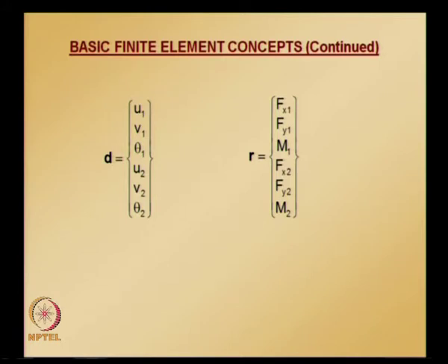Global load vector comprises of axial force at node 1, shear force at node 1, moment at node 1. Similarly, Fx2, Fy2, M2 are the corresponding forces and moments at node 2.